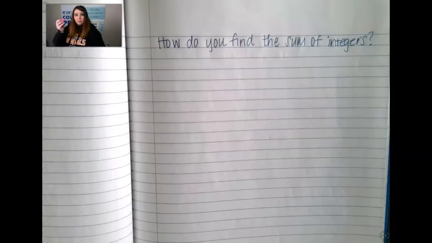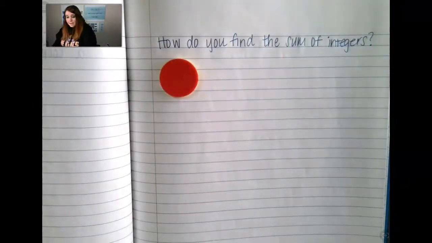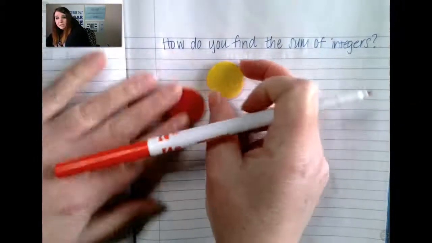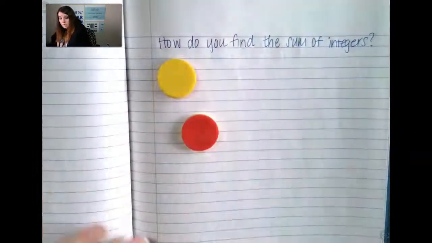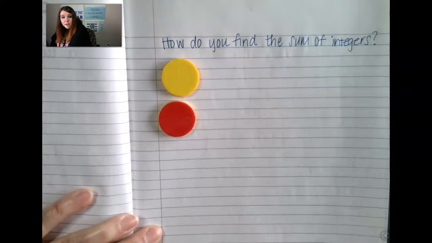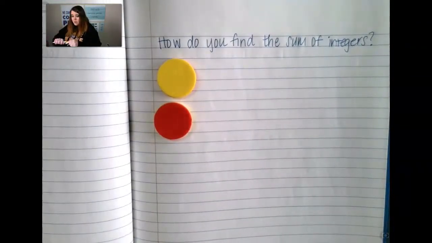So you will have your integer chips, and if you notice when you look at them, there's a yellow side and a red side. The side that is red when we put these down, these are negatives, and the yellows are positives. So you're going to have yellows that are positive and reds that are negative.